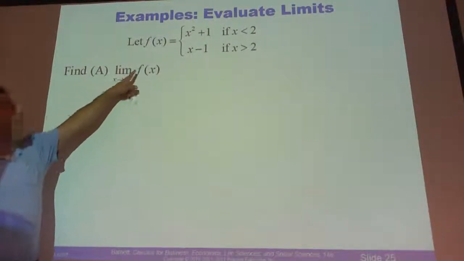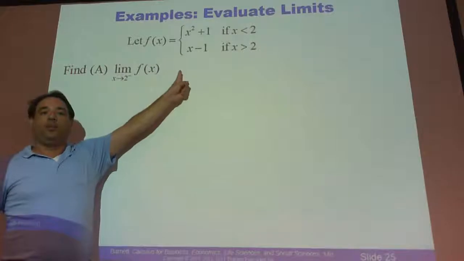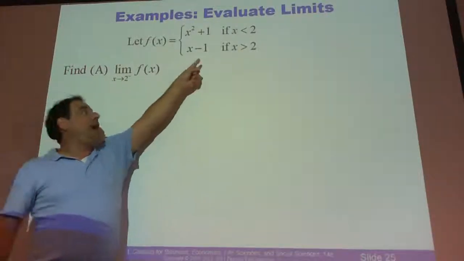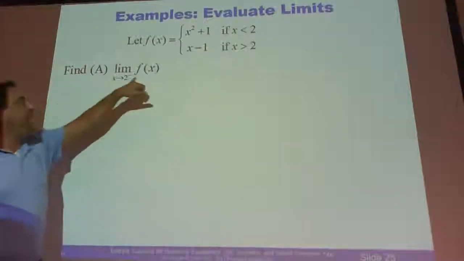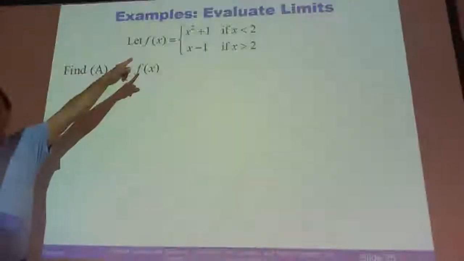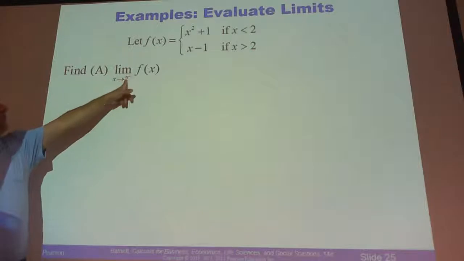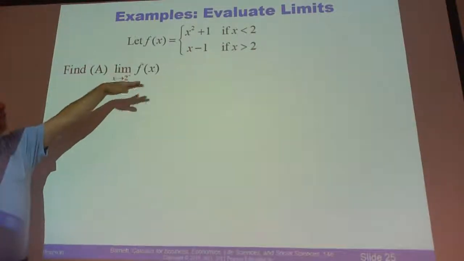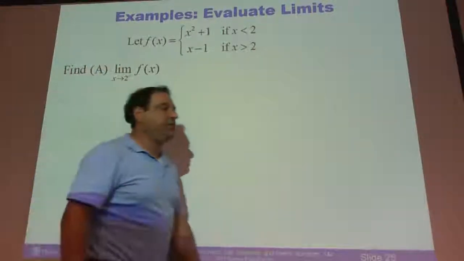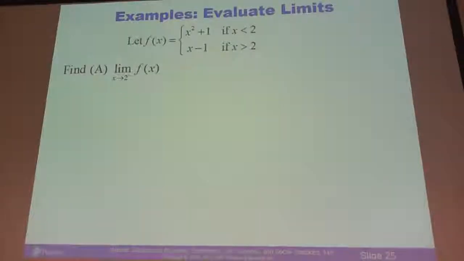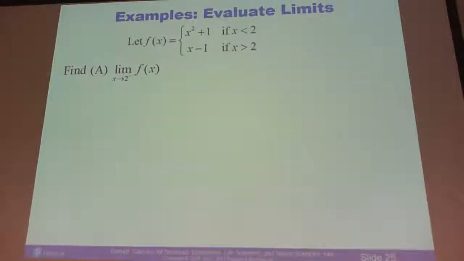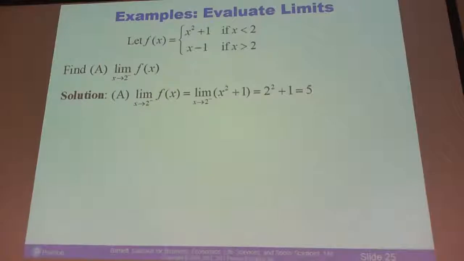From the left. So am I going to use the top function or the bottom function? The top one, when it's less than 2. So take 2, plug into the top one. What do you get? 2 squared is 4. 4 plus 1 is 5. So the limit as x approaches 2 from the left will give you 5.